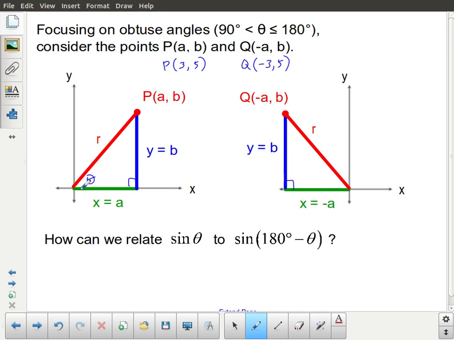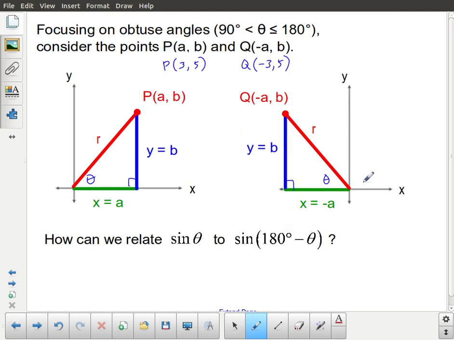And remember, when you're talking about triangles, we only have positive side lengths. This blue side is the same as this blue side, which means this is also the angle theta. So these two triangles are just mirror images of each other.